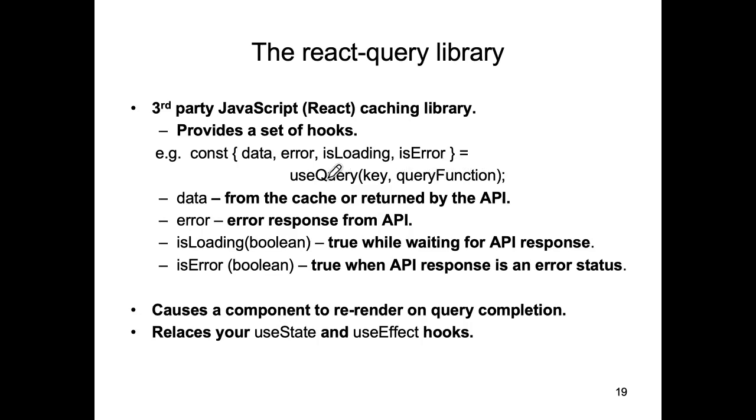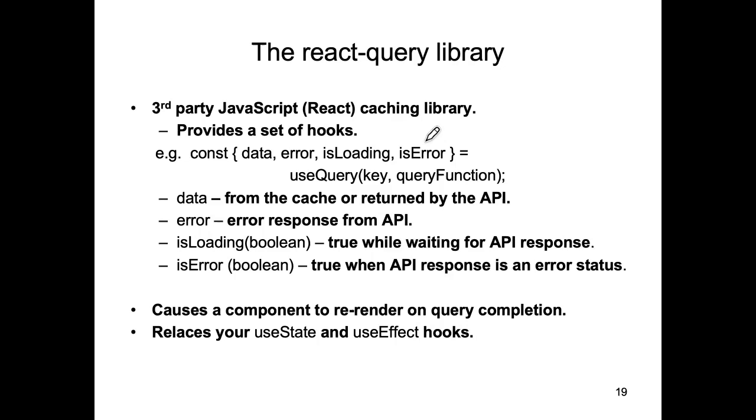And what the hook returns back to us is all of these things here. We're just doing destructuring here, and these allow us to make decisions within our React code. So for example, this here is going to be a Boolean, and that will tell us whether the React Query library is waiting for a response back from TMDB.